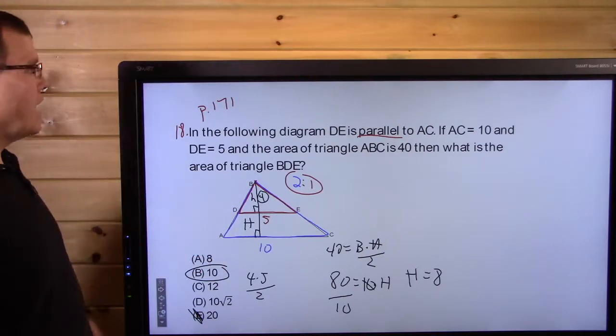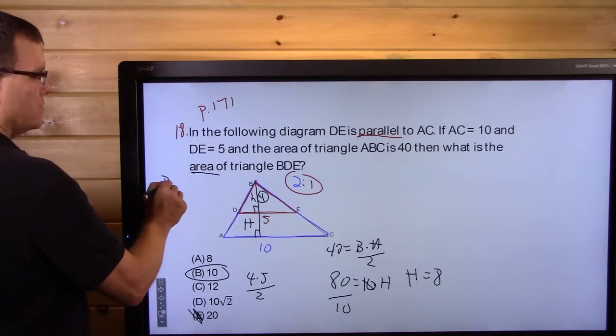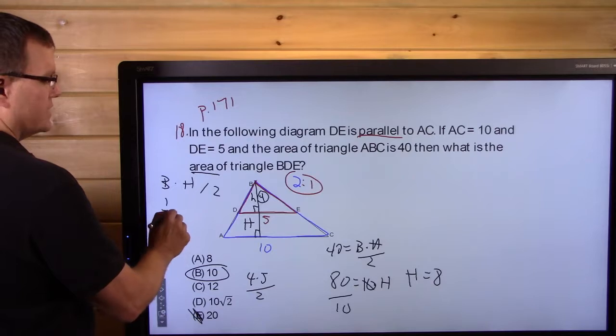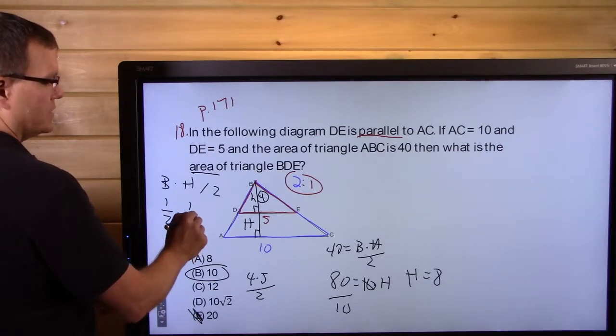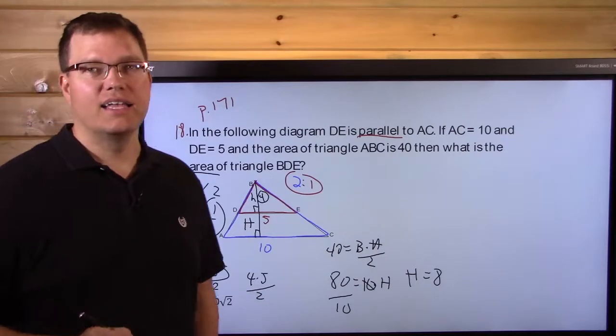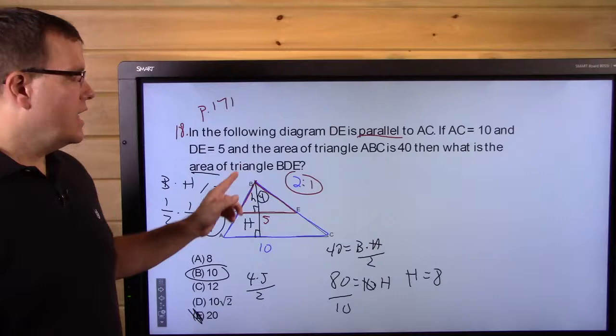If you think about the formula for the area, it's base times height divided by 2. So if the base is half the size and the height is half the size, then the area is 1/4 the size.